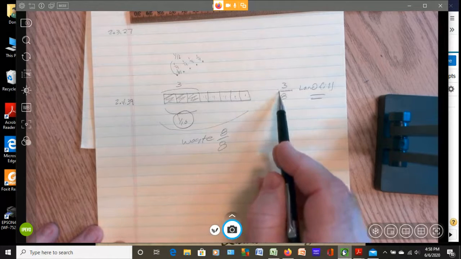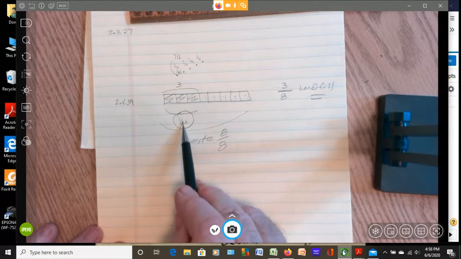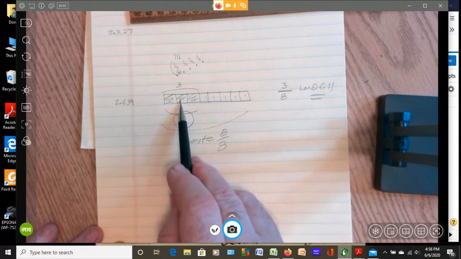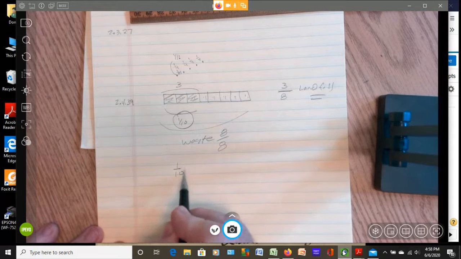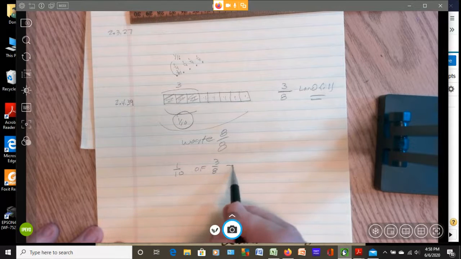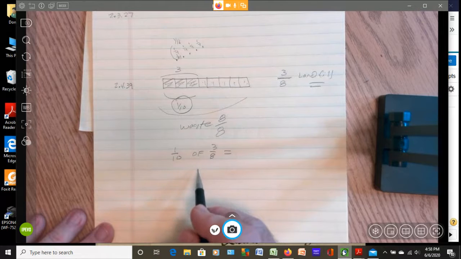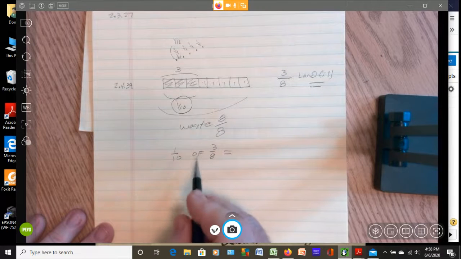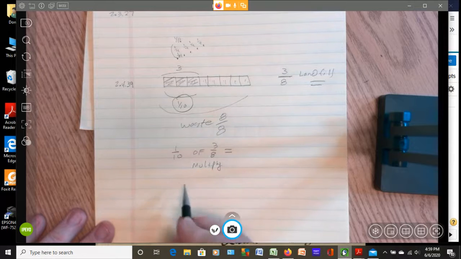All right, so what they're asking me to tell them is that this is 1/10 of this group. So 1/10 of 3/8 is what we're looking for here. Now, 1/10 of 3/8, in a word problem like this, means to multiply. So I'm going to simply say 1/10.